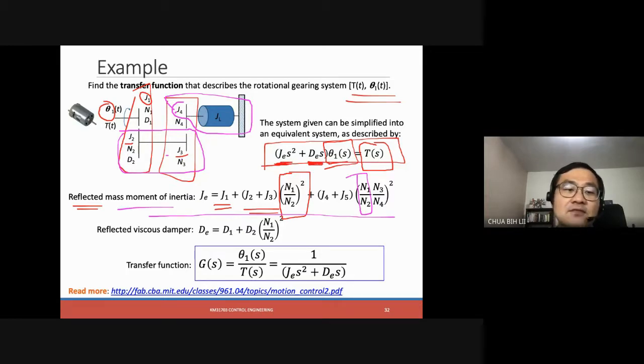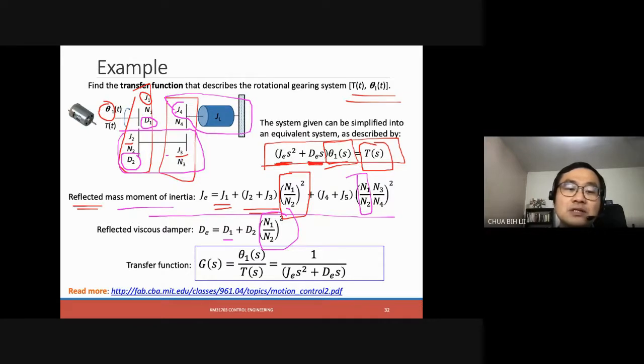Same thing for the reflected damper effect. You would have D1. For those that are not given, we just assume nothing there. Since only D1 and D2, we only consider D1, which is connected directly to the motor, and D2 we have to multiply by the ratio square, because it's going through a pair of gears over here.